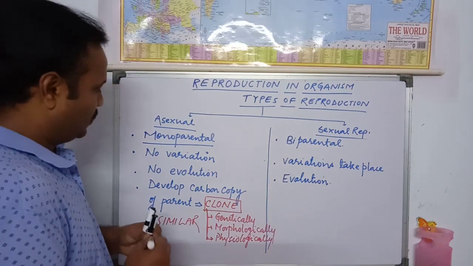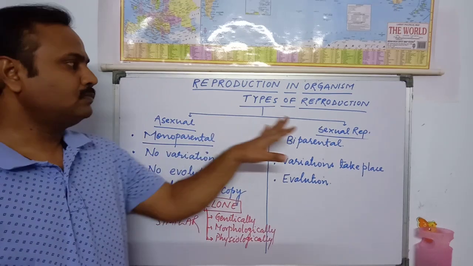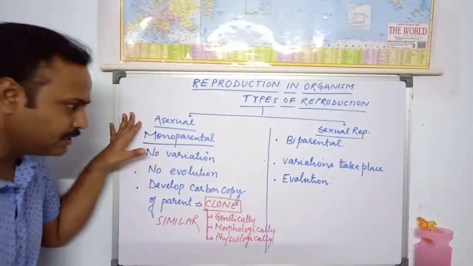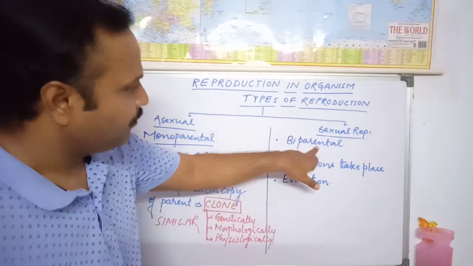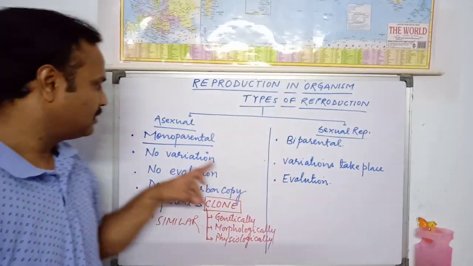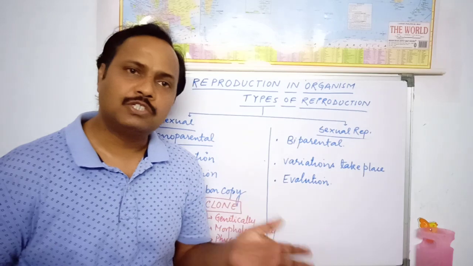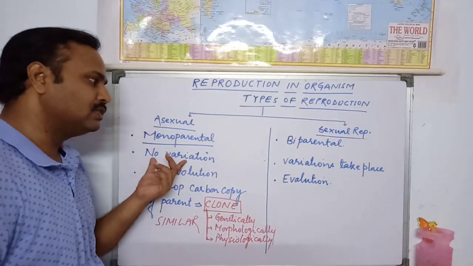So asexual reproduction versus sexual reproduction: here only one parent is involved, so it is monoparental. Here two parents are involved, so it is biparental. No variations, obviously no exchange of genetic material, no crossing over, so no variations.